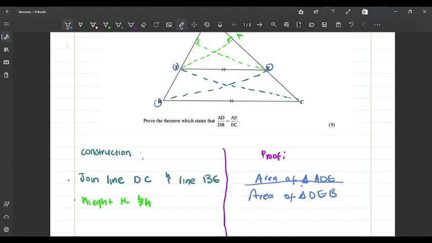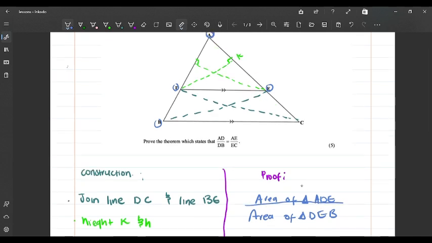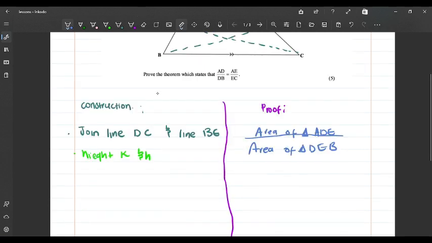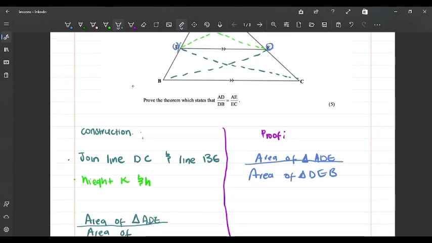All right. So we're also going to do the same thing again, whereby we're going to say the area of triangle ADE, which is this triangle at the top, ADE. So let me write that here on the side. Now, this here is going to be divided by the area of, you can take a guess, the other small triangle.